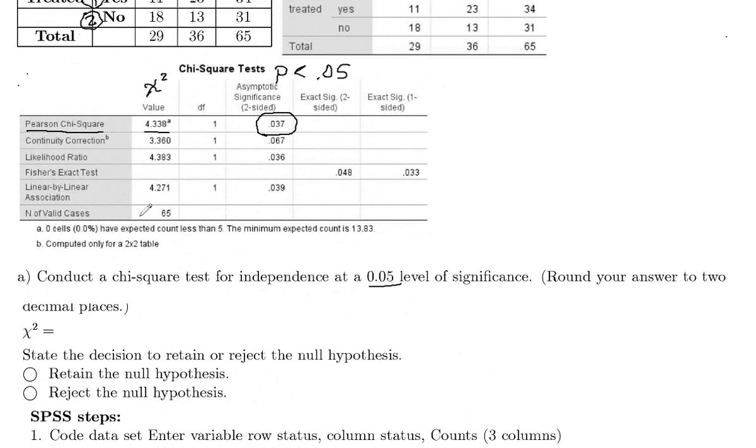They ask us for our chi-squared value, so that's 4.338. We're rounding to 2 decimal places, so this would be 4.34. And then our p is less than 0.05, so we are going to reject the null hypothesis. Okay, and that's SPSS for a chi-squared test of independence.